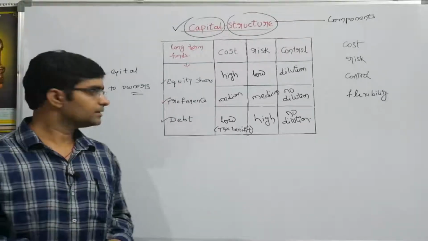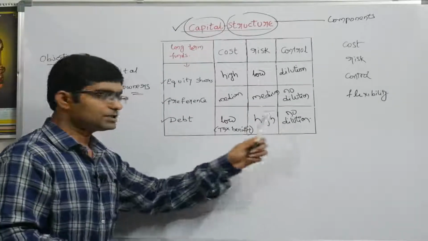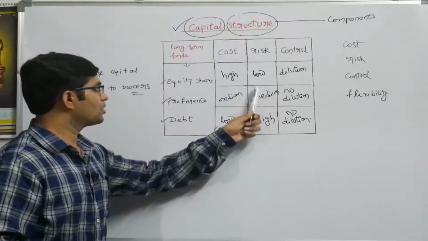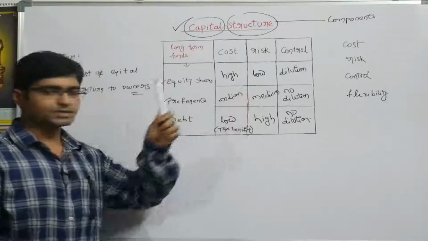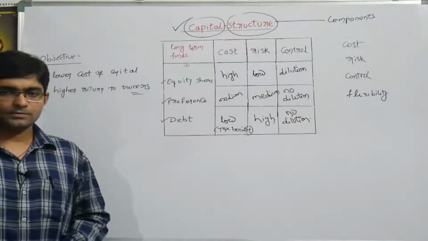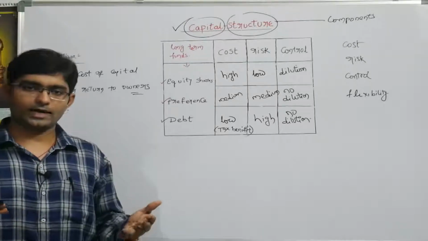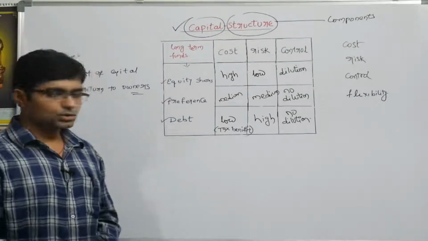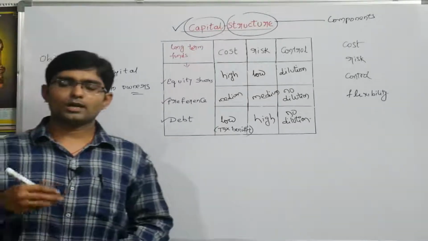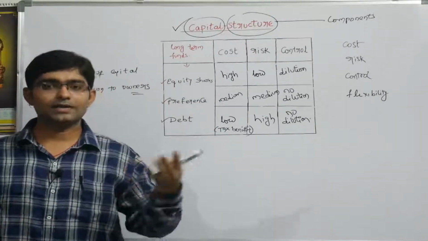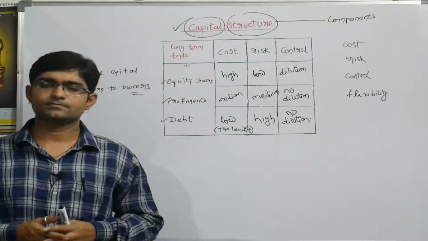If you select debt, in control there is no dilution, but the risk is higher when compared to both these two sources. That is also not a great decision. So what we come to know is each source has its own advantage and disadvantage.